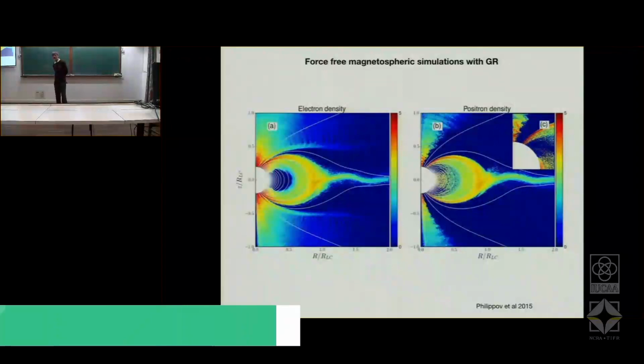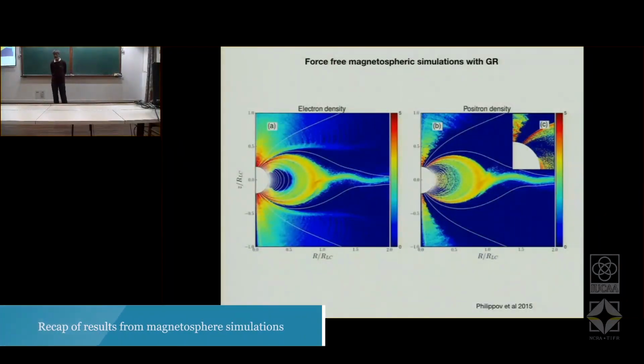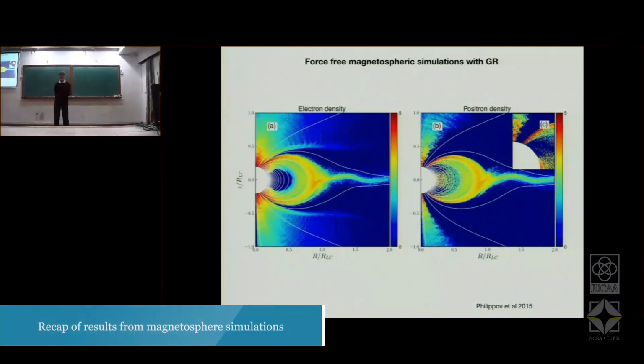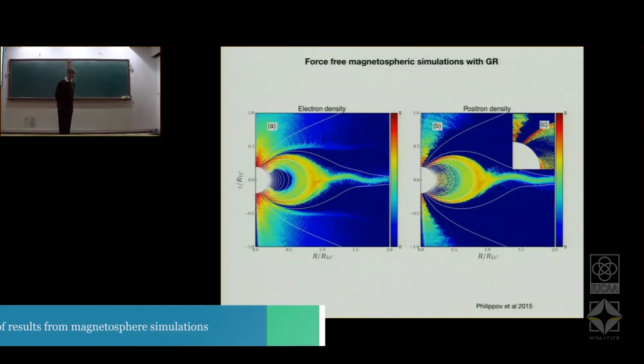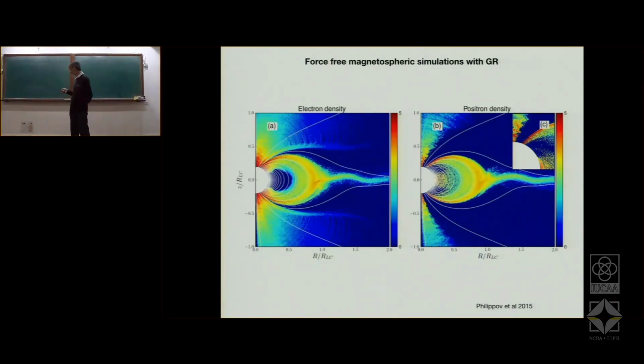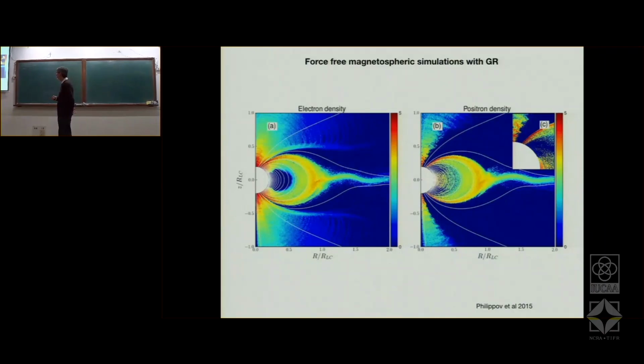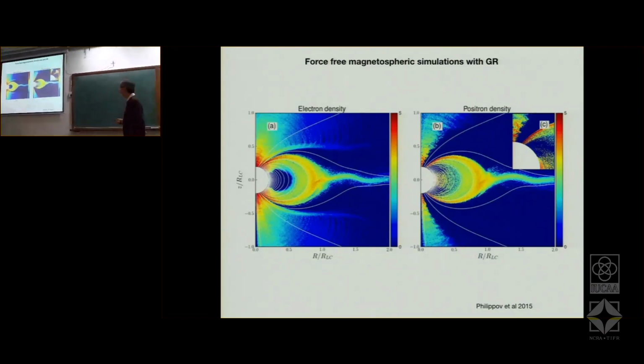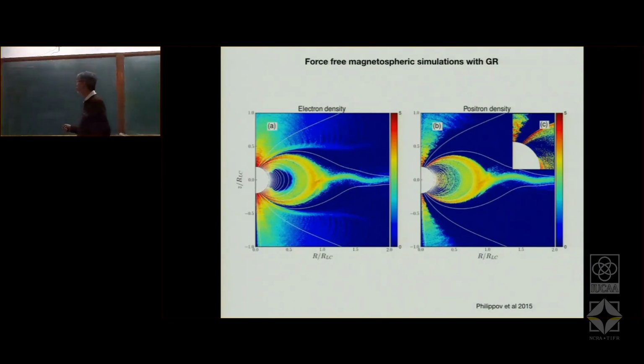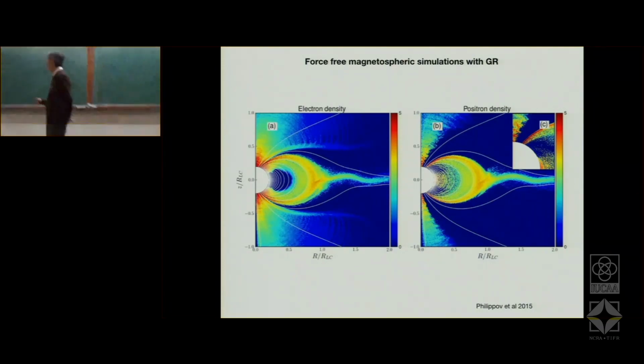We have seen that the modern solutions prefer that the magnetosphere is largely force-free, and there is a current sheet which is equatorial, and then it splits into separatrix and then arrives at the pole around the last closed field lines.